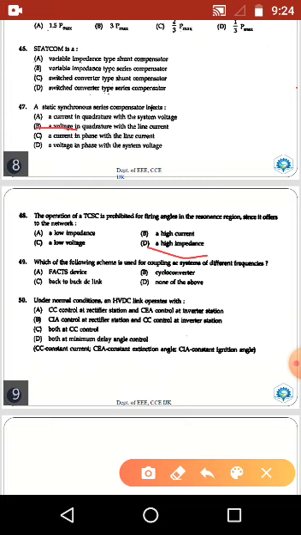It is a back to back DC link. Option is C. 50th question, under normal condition, a high voltage DC link operates with constant current at a rectifier station and constant excitation angle at inverter station. That is option number A.